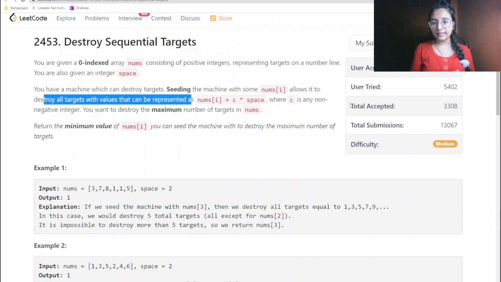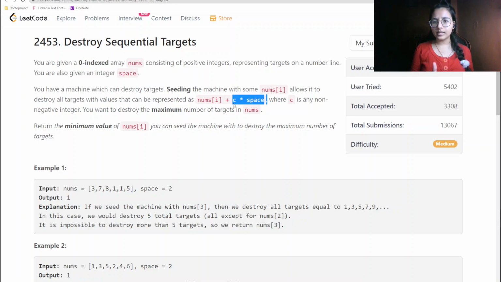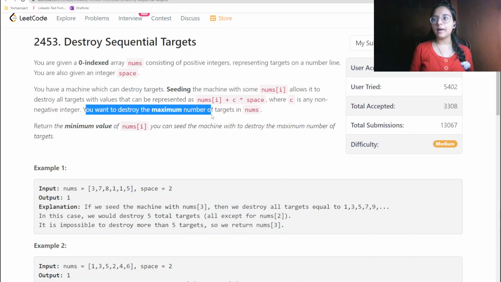And how it can destroy the maximum elements is on the basis of this: the space multiplied by some arbitrary integer c, and then adding that to nums[i], where c is any non-negative integer. You want to destroy the maximum number of targets in nums.